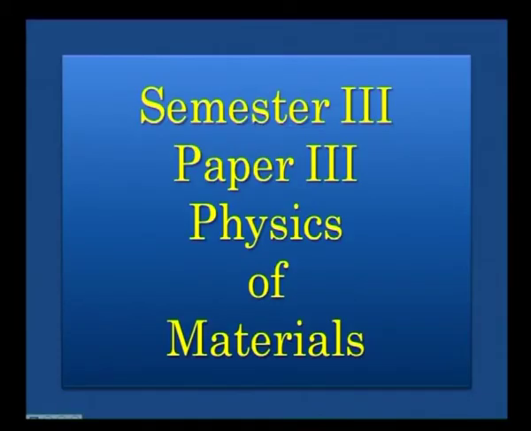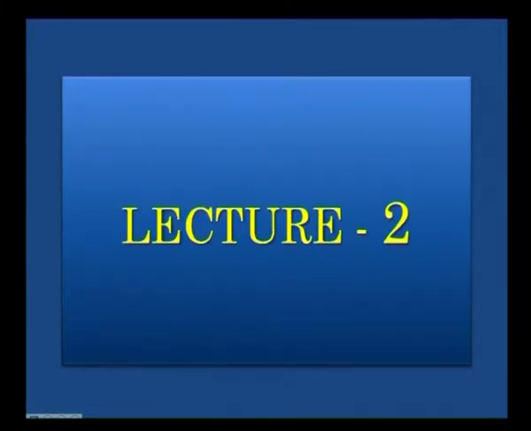Welcome to the UGC lecture series in applied electronics. We are going through a series of lectures related to the third semester and paper 3 with the title Physics of Materials.